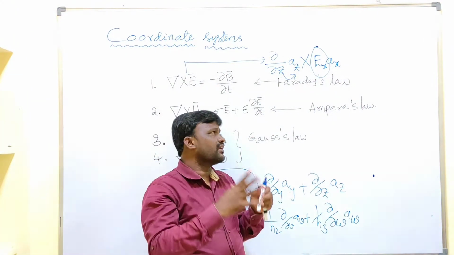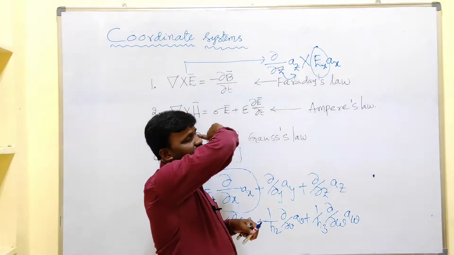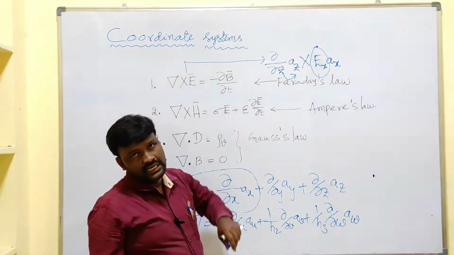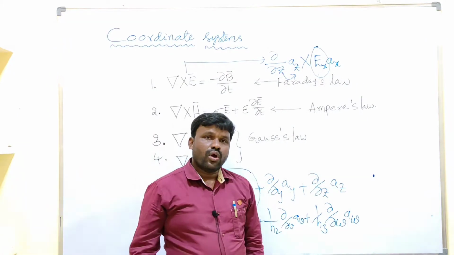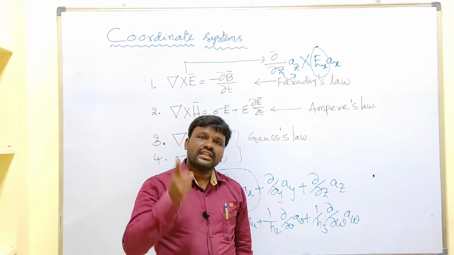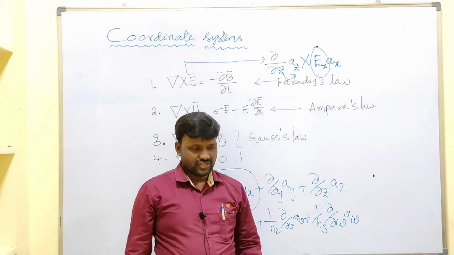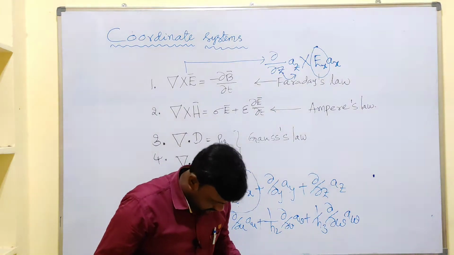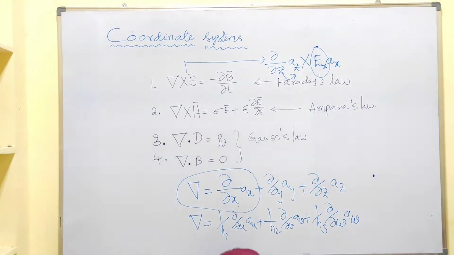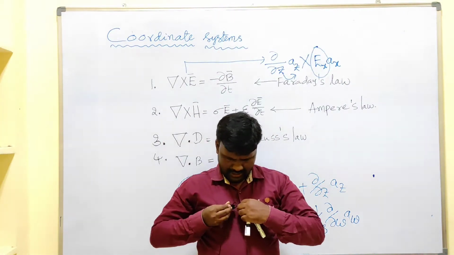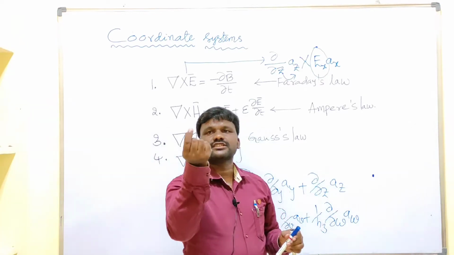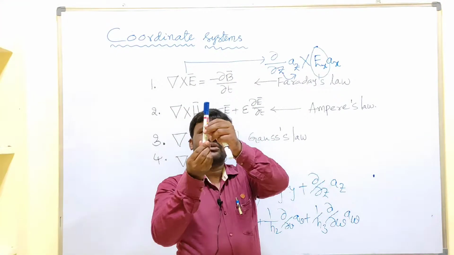So these components are in the space only. In order to represent the variation in these components, we need to go for a coordinate system. Basically, coordinate systems are used to represent a point or vector in the space. Let us say it is the point here, the location of this marker.